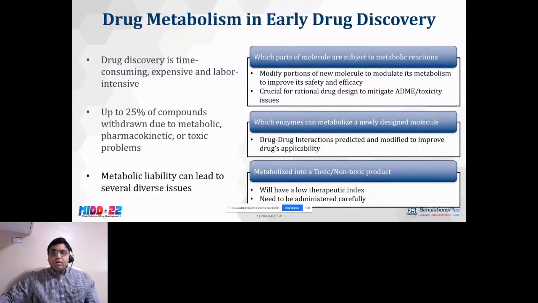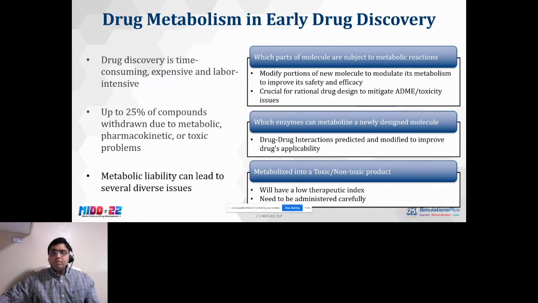As we all know, drug discovery is very time consuming, expensive, and labor intensive. What makes it worse is the failure of drugs during the clinical trials. Up to 25% of the compounds are withdrawn from the market or from the clinical trials due to metabolic, pharmacokinetic, or toxic problems.